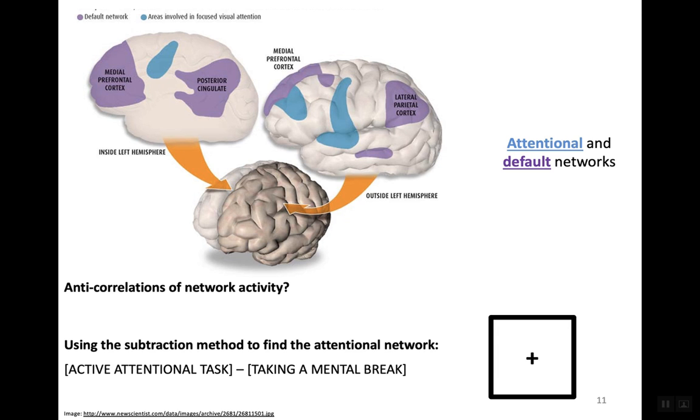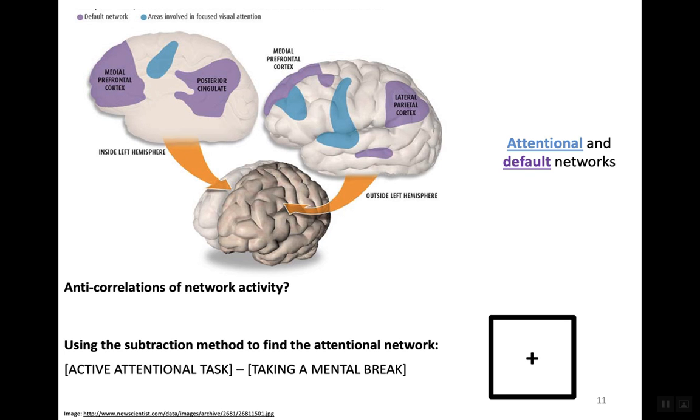How might we go about identifying either one of those networks? Well, a very crude way of getting to, let's say, the attentional network is by using the subtraction method. We can ask someone to proceed with a very active attentional task, so perhaps completing a rather difficult task in response to a visual stimulus, and then taking a mental break while displaying the very same stimuli to the participants.